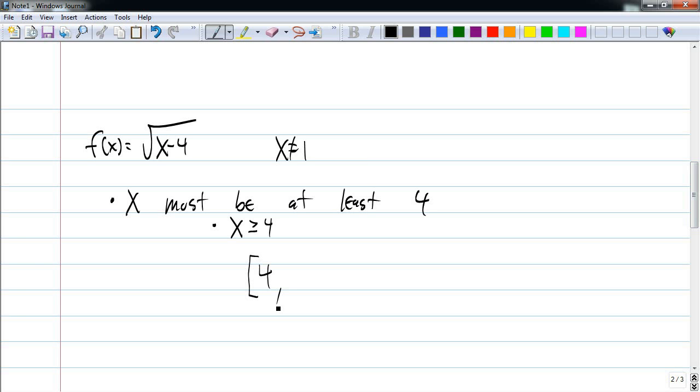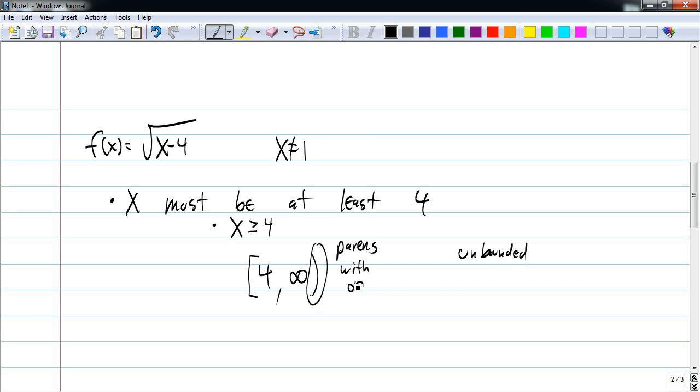This goes on forever. This is called an unbounded interval because it's missing an upper or lower bound. If you're missing an upper bound, you use infinity. And this says that I start at 4 and then I go all the way up forever. Now I use infinity if it's a high number. I always use parenthesis when I use infinity.